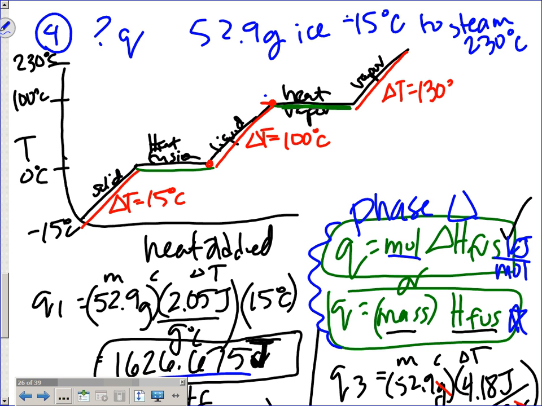Use the bottom and see where it says mass times Q. Wait, what did that mean?